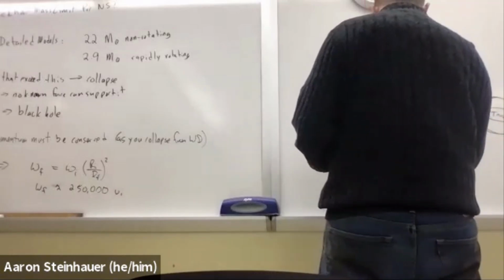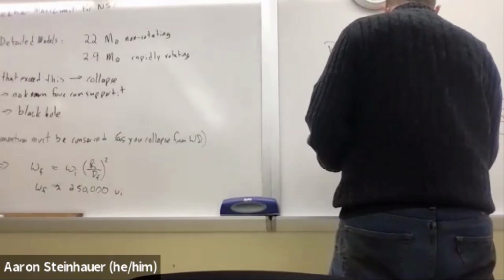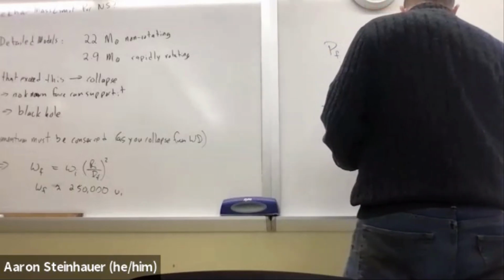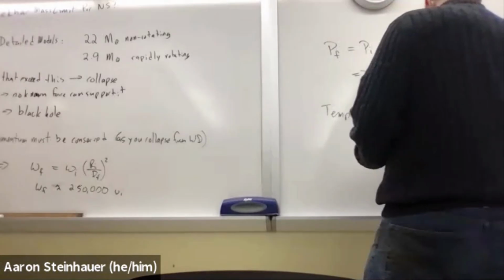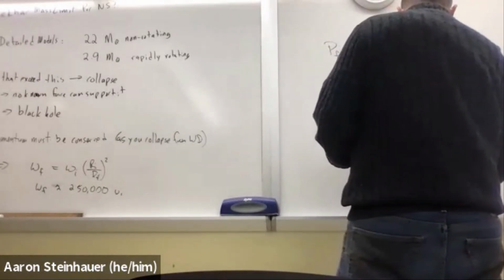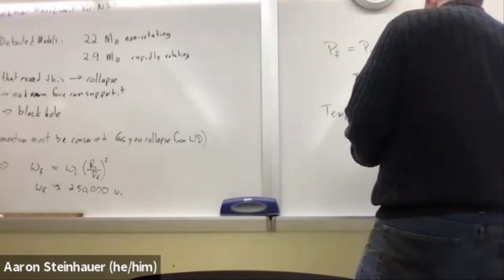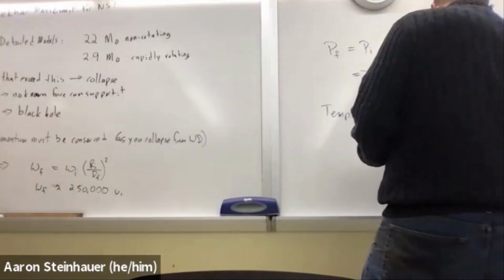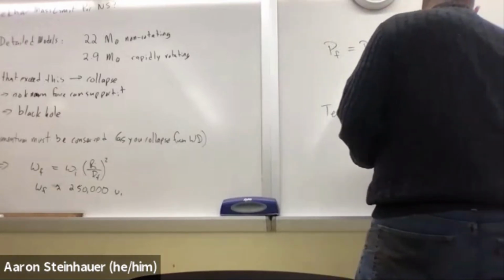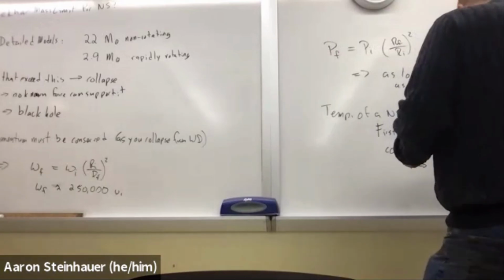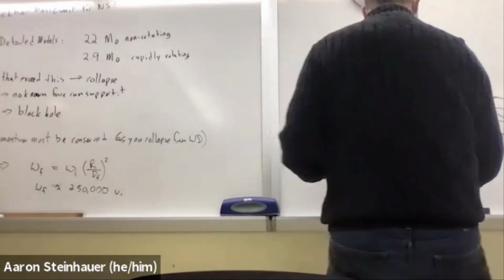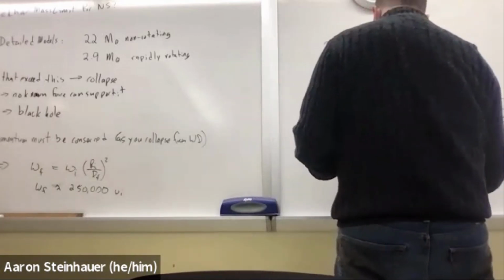So it cools by neutrino emission, which is weird to think about also. Neutrons decay into protons plus electrons plus anti-electron neutrinos, and then these guys simply can't be around very long.